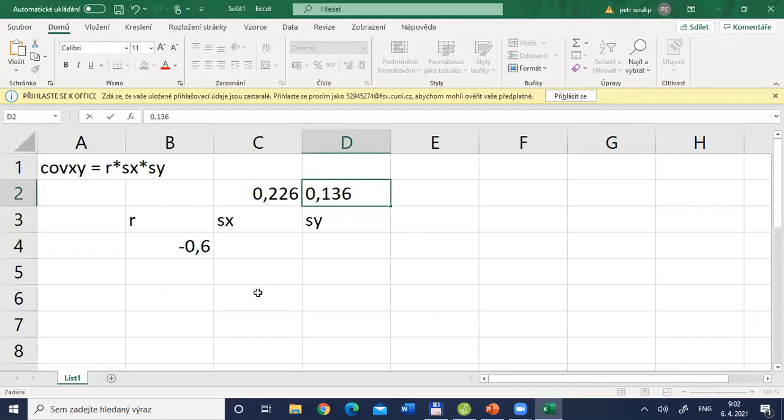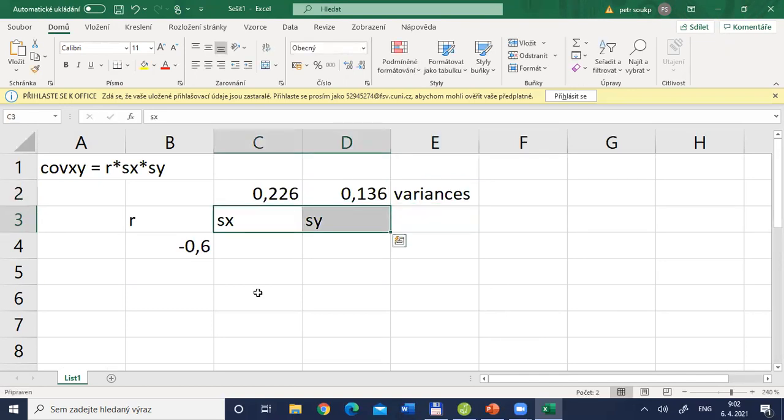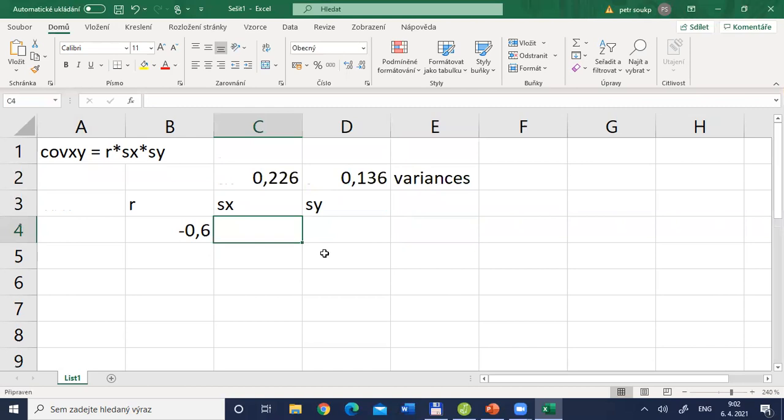So these are variances. And if I would like to take the standard deviation, I need to compute the square root of this and of this value. Sorry for the inconvenience that I'm using here the Czech version of Microsoft Excel. For the English version, the function for square root is called sqrt. Here it is called in Czech odmocnina. So I would type it.